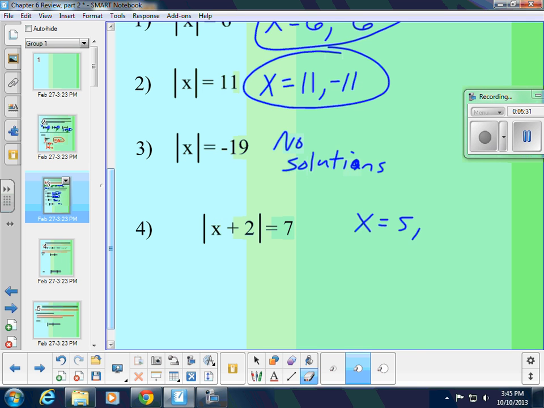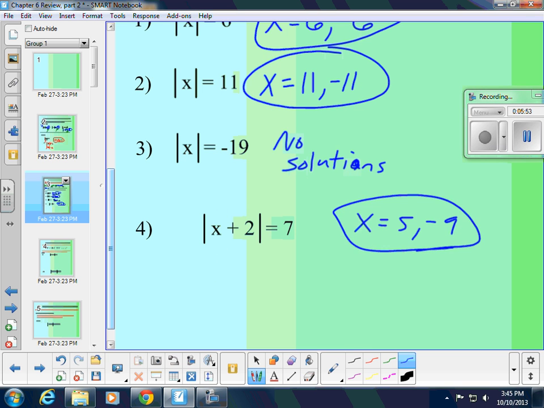Well, after a little bit of thinking, you can figure out that negative 9 is going to be the number to work. Negative 9 plus 2 will be negative 7. And if I take the absolute value of negative 7, that will give me 7. So the answers to this one are negative 9 and positive 5.